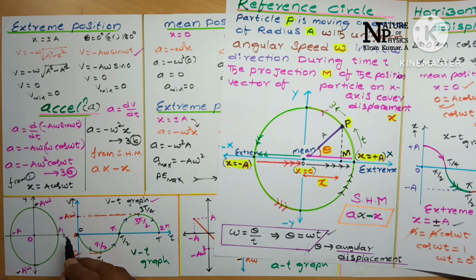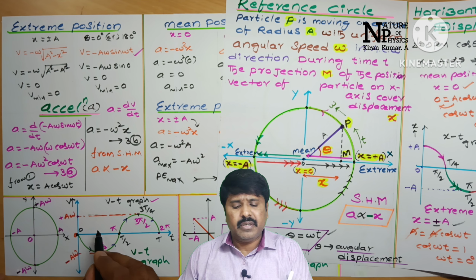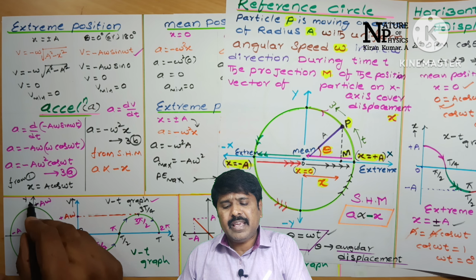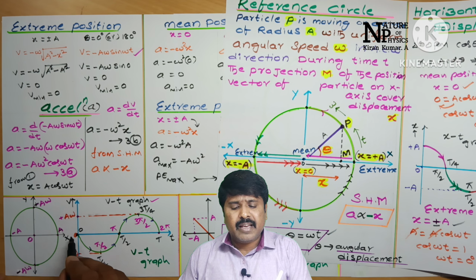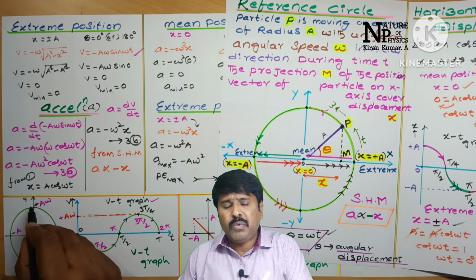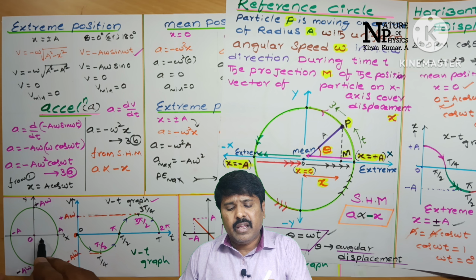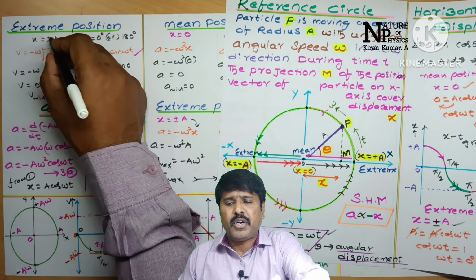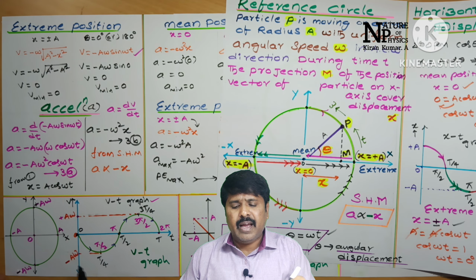Okay student, in this diagram, the x-axis is displacement and the y-axis is velocity. Clearly, along the x-axis the y coordinates are 0, and along the y-axis the x coordinates are 0. Along the x-axis, A is positive, so velocity is equal to 0.